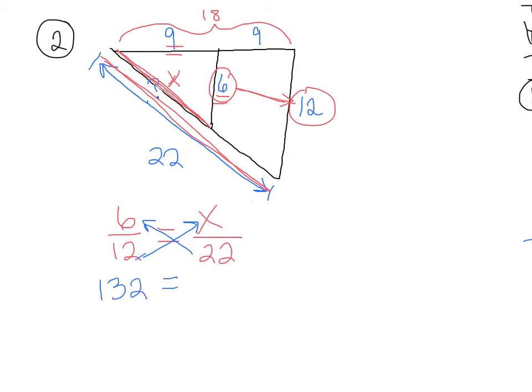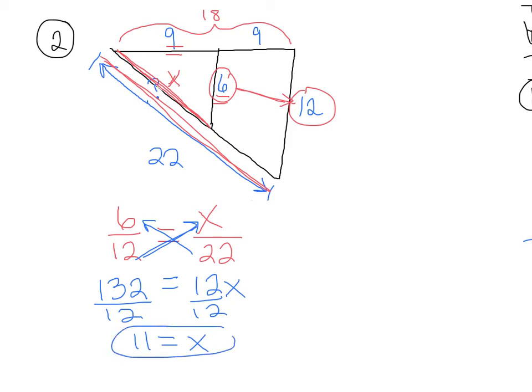And on the other side we get 12 times x, or 12x. Then you only have one last step. You divide by that number in front of the x, and 132 divided by 12 is 11. So x equals 11.